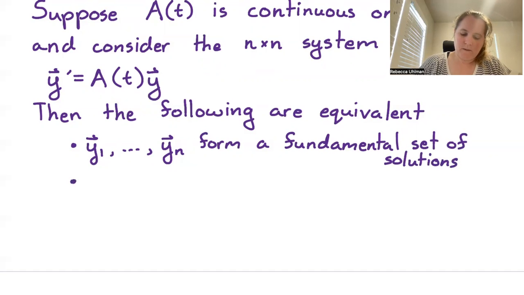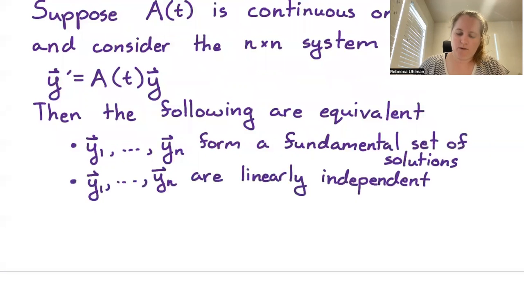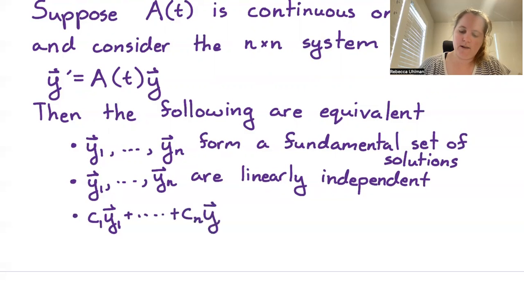Next up, y1 through yn are linearly independent. Next statement, c1 y1 plus all the way up through cn yn is the general solution.